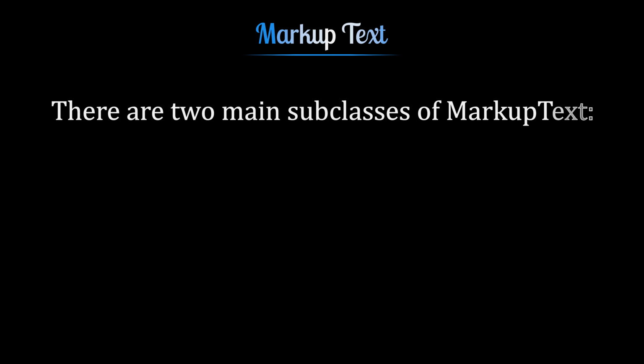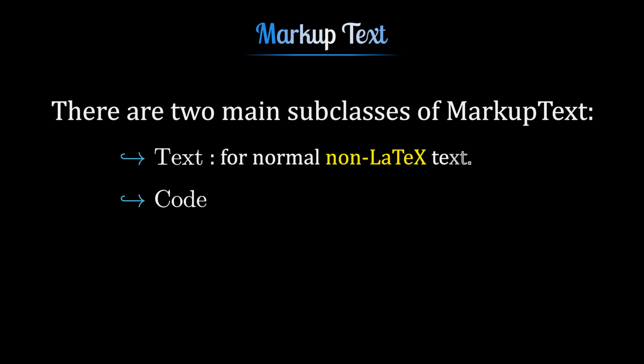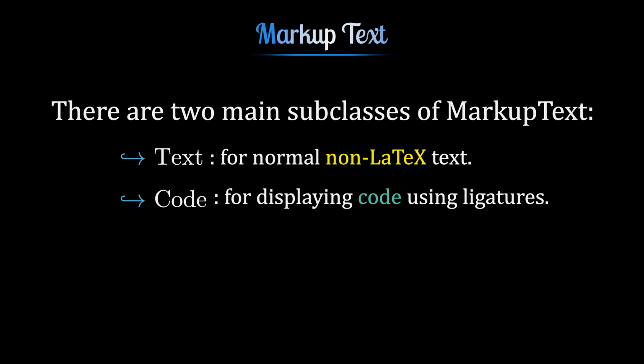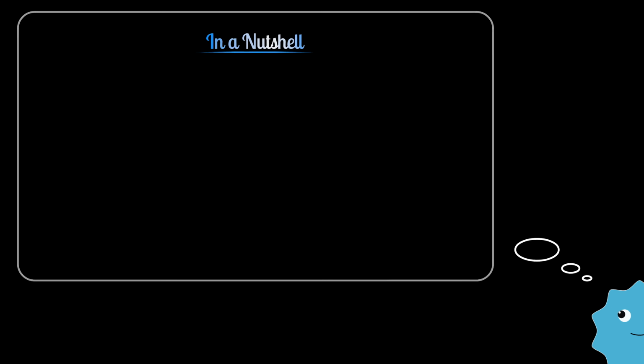Although we rarely use the MarkupText class, its subclasses, Text and Code, are very useful, and that's what I am most interested in. With the Text class, we can choose our preferred font, we can use ligatures in the code, and we can style the text bold or italic or even emphasize it. In a nutshell, we will be using these main classes to display text in Manim.